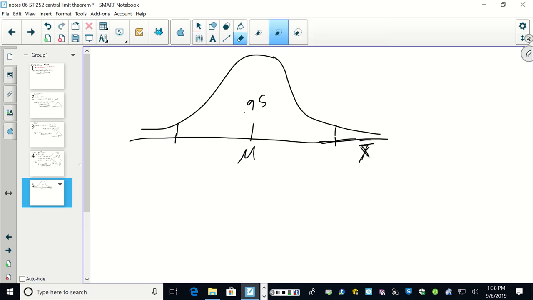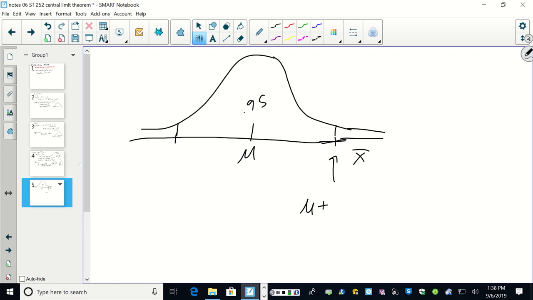I'll just erase that, make it nicer. This upper point would be mu plus 1.96 times the standard deviation for the x bar, which is sigma over square root n, or sometimes referred to as standard error. And then this one over here is mu minus 1.96 sigma over the square root of n.